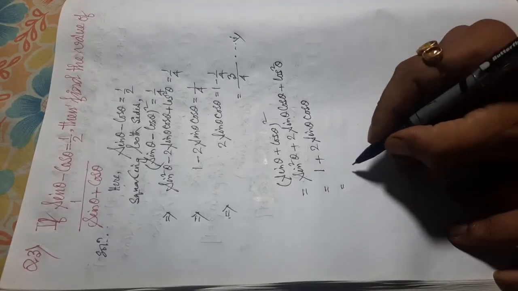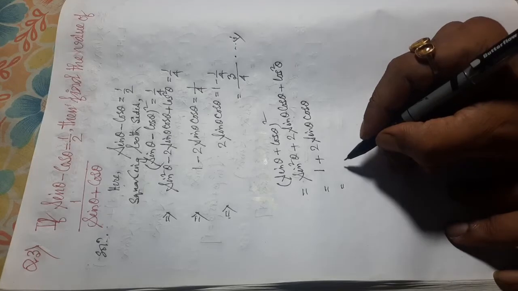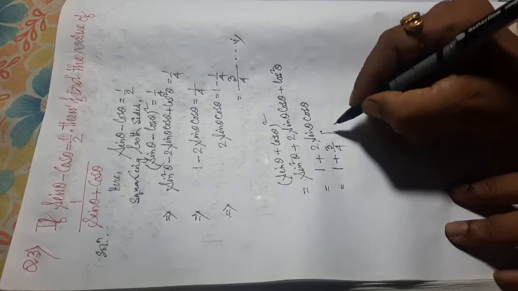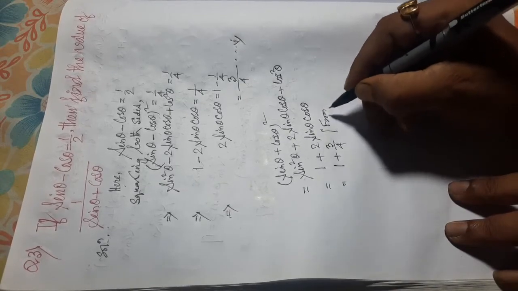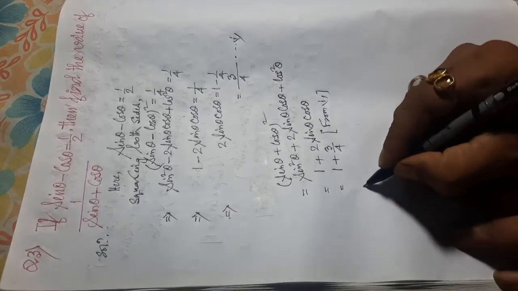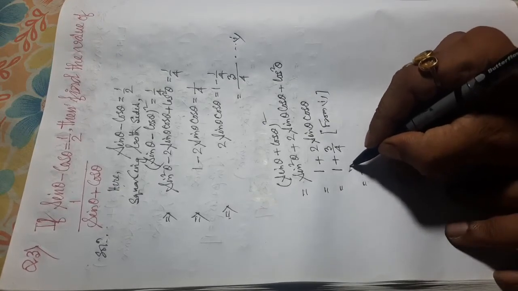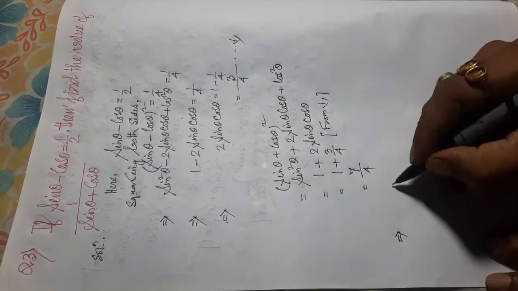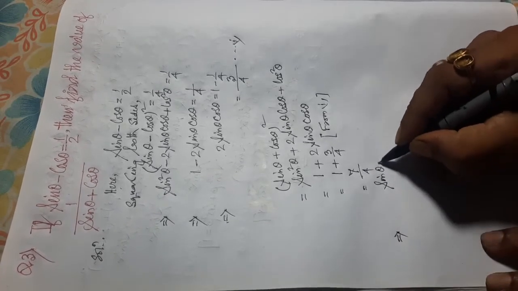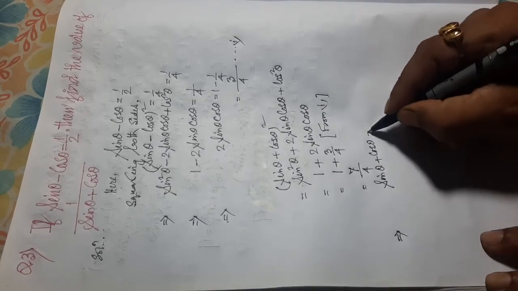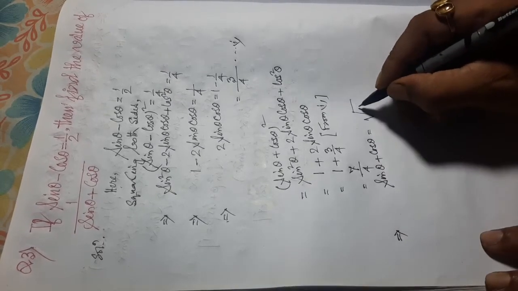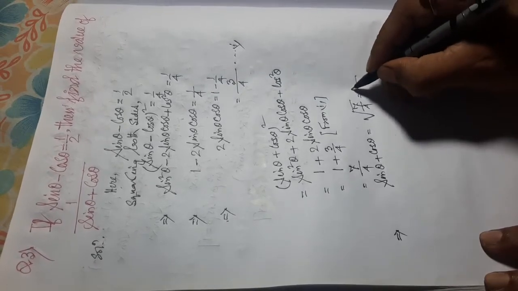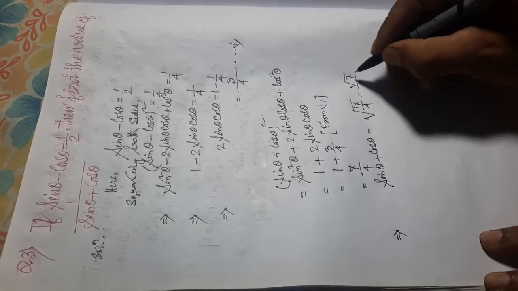Now 2 sin theta cos theta is equal to 3 by 4, so 1 plus 3 by 4 from 1 is equal to 7 by 4 implies sin theta plus cos theta is equal to square root of 7 by 4 is equal to root 7 by 2.